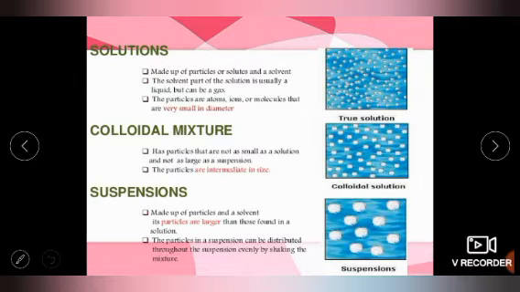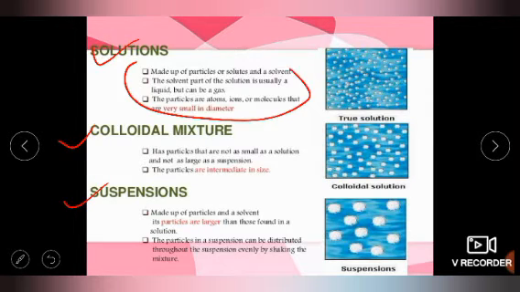In junior classes we have studied this. Now the question is: where do colloid particles come from and why are we studying them in surface chemistry? We have studied solution, colloidal mixture and suspension. In a solution, the solute particle is very small and light can easily pass. A colloidal mixture has particles bigger than a solution. It is a heterogeneous mixture.